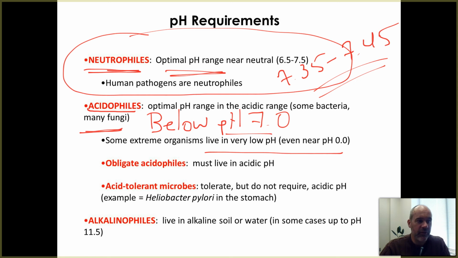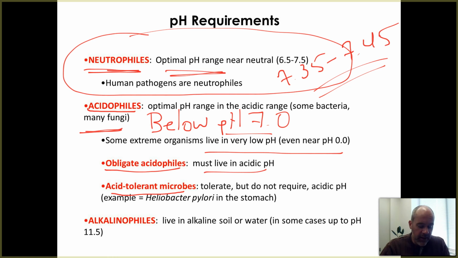So there are microbes that are adapted to those pH conditions and thrive in them. If you're an obligate acidophile, you must live in acid pH. There are microbes, though, that are acid tolerant, which means they don't require acidic pH, but they can tolerate it.